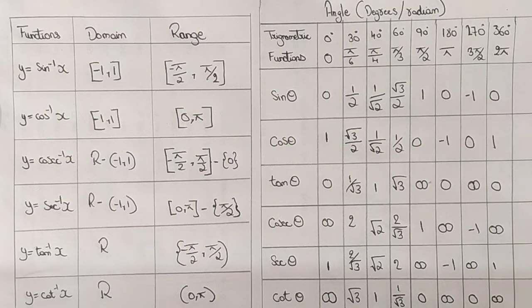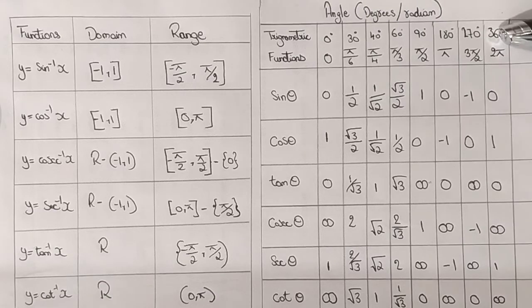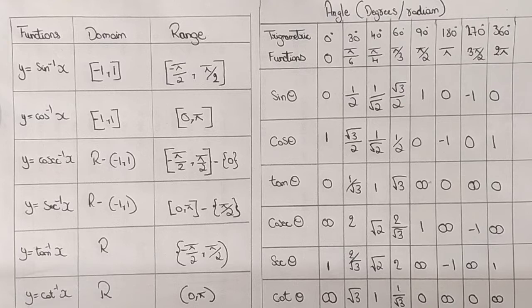You also know these values from your previous classes, but you still need to remember them till 360 degrees, and please take down this one for your reference. Just brush off the things you have forgotten, or try to glance over the previous year's table.